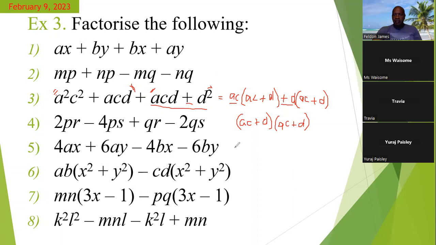And when you have anything multiplying by itself, what you do is square it. So this really is the same as saying AC plus D all square. All right, so that's what it would work out to.